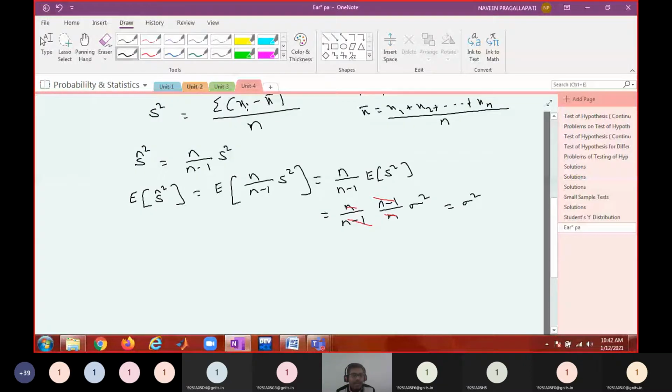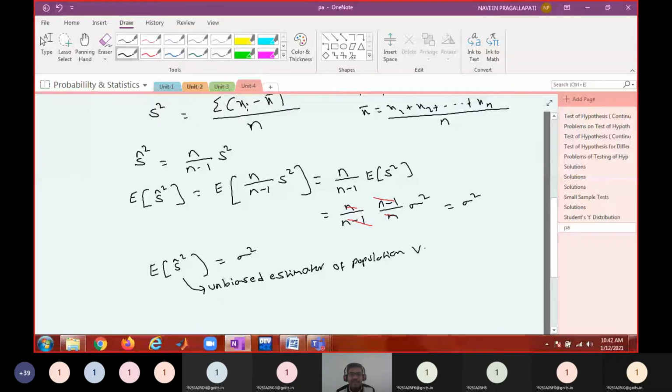So from this, what is your observation? The statistic s cap square is an unbiased estimator of the population variance.